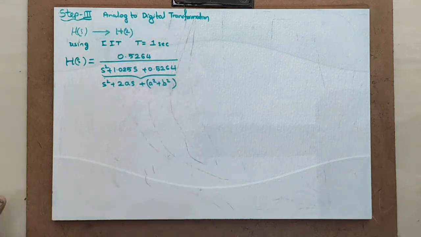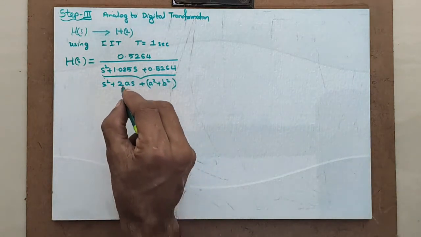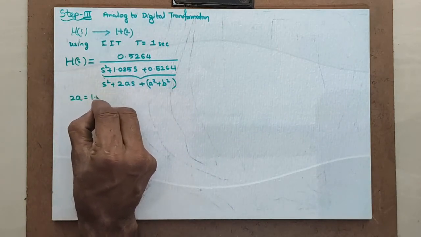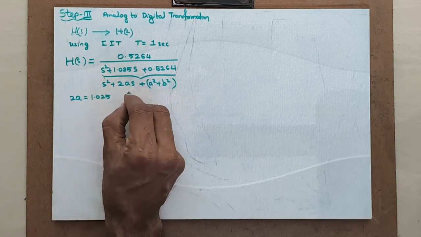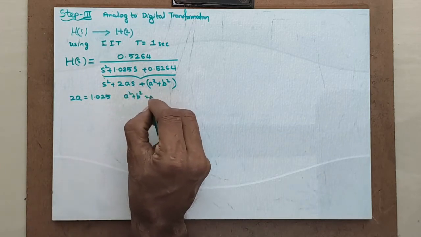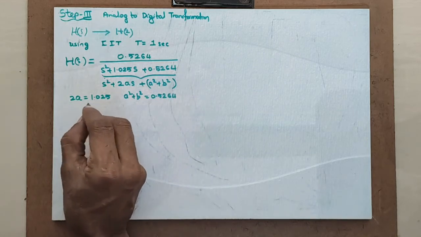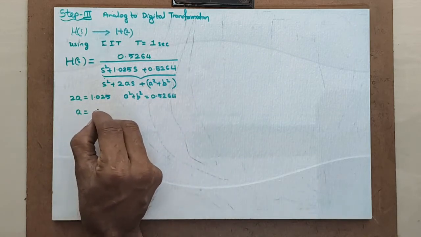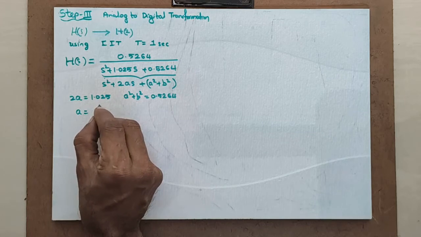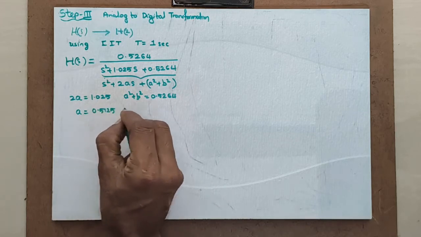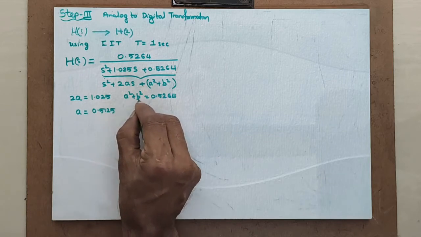This theoretical background is given in the previous video session. Anyway, if you compare, 2a becomes equal to 1.025 and a square plus b square becomes equal to 0.5264, right? 2a is this, and hence a becomes equal to 1.025 divided by 2, hence it is 0.5125, and I put the a value here and find out b.